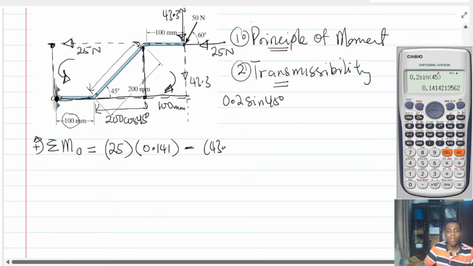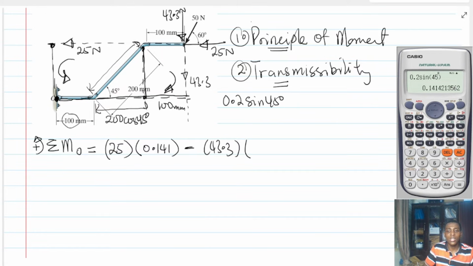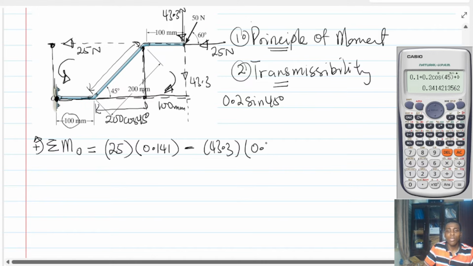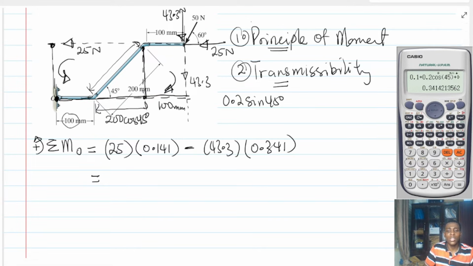So 43.3, and the distance all the way from here is 0.1 plus 0.2 cosine 45, and then plus 0.1. What do you get? You are going to get 0.341. Now, if I find the resultant of this, what am I going to get?